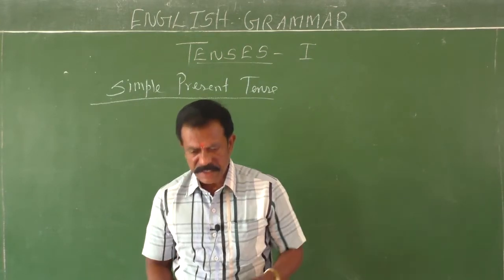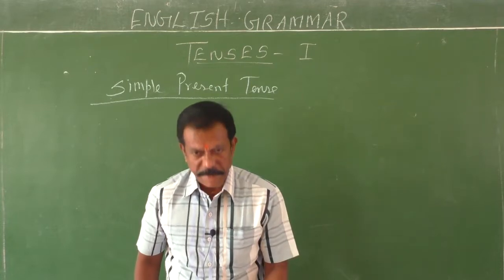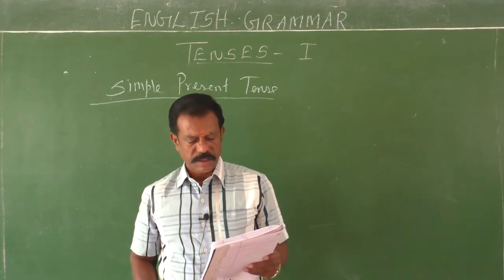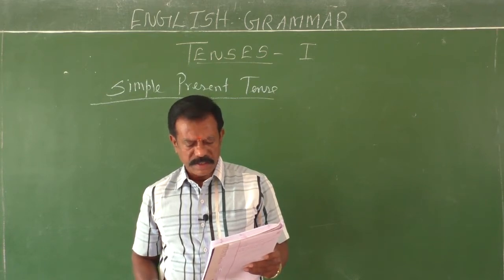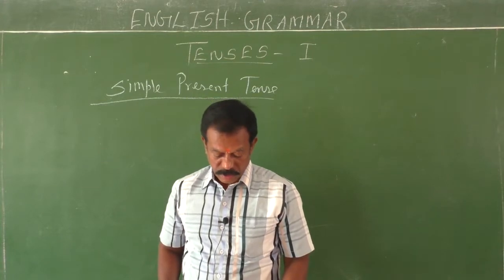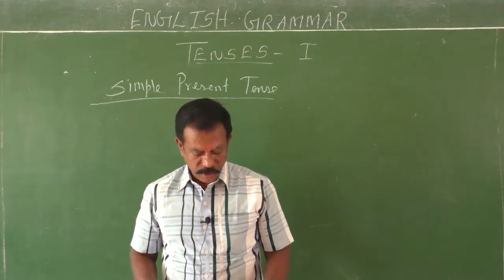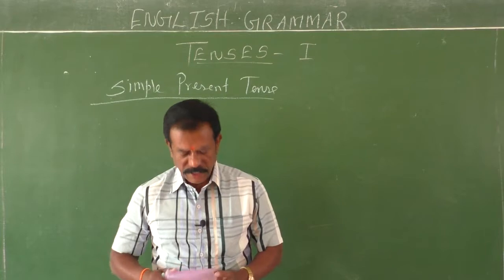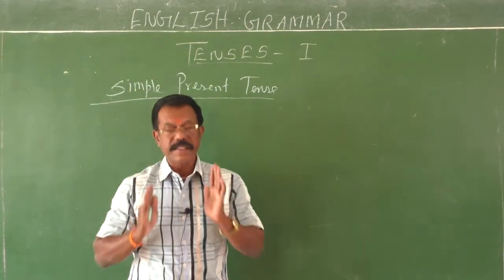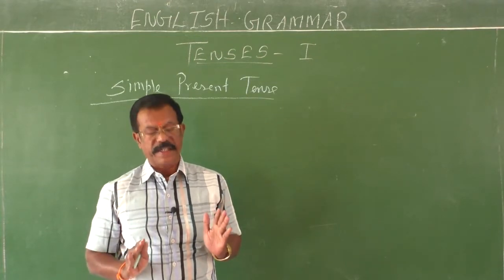Present tense. See, what does present tense actually mean? It is a grammatical term used for verbs that describe action happening right now. So present tense is used to refer to an event.